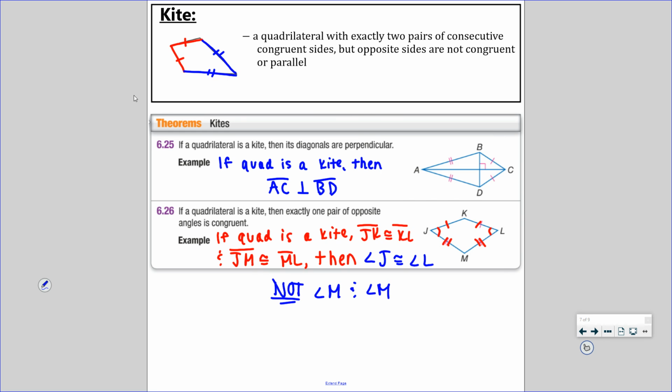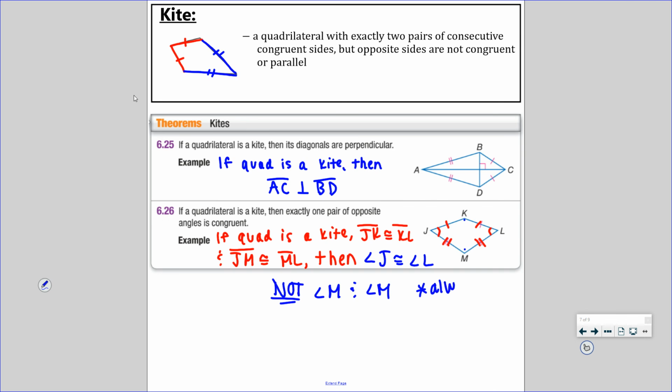Do you see how these angles are formed by 2 different lengths of sides? That's always going to be the pair of congruent angles. It's always going to be the angles that are formed by the non-congruent sides. But do you see how angle K is formed by the 1 hash mark sides, the 2 congruent sides, and so is this one? So those ones are not going to be congruent that are formed by the same length of sides. So I'll just maybe write this down.